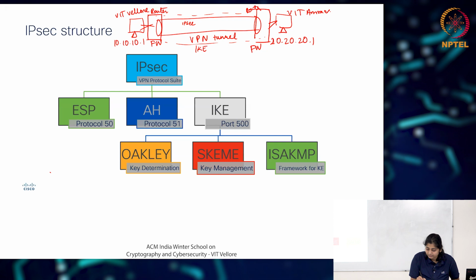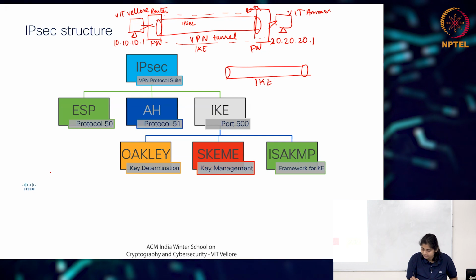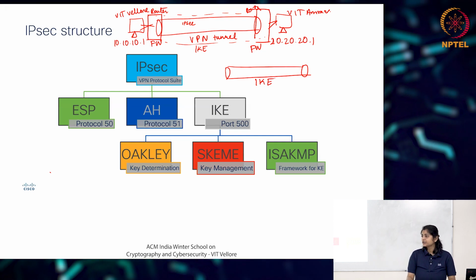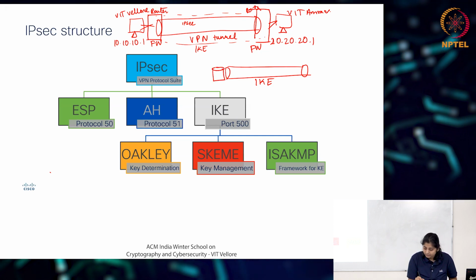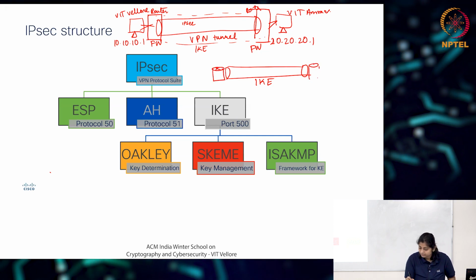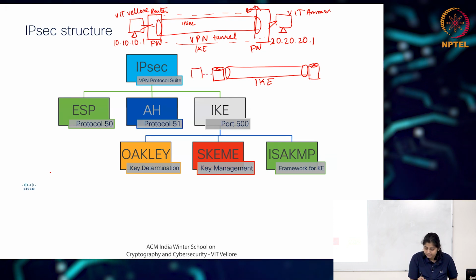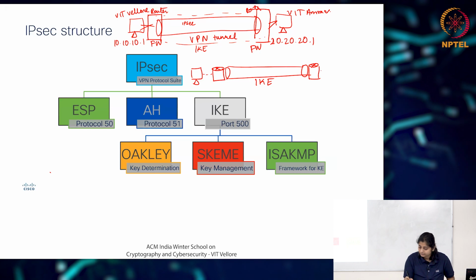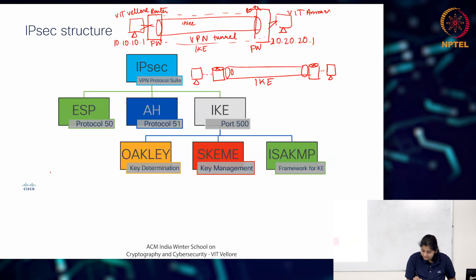This is IKE. So I'll just redraw this. You have IKE, Internet Key Exchange, between these devices, and then there are PCs, and there is another tunnel.